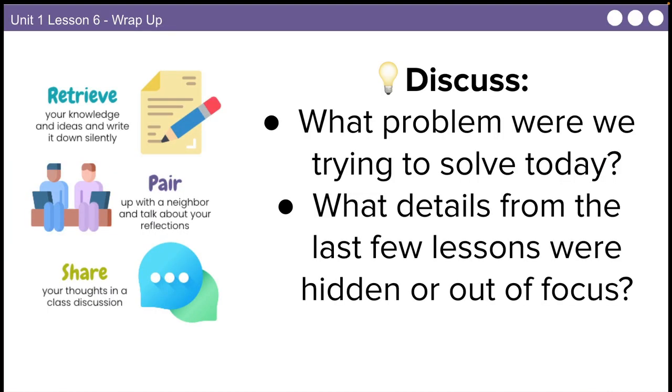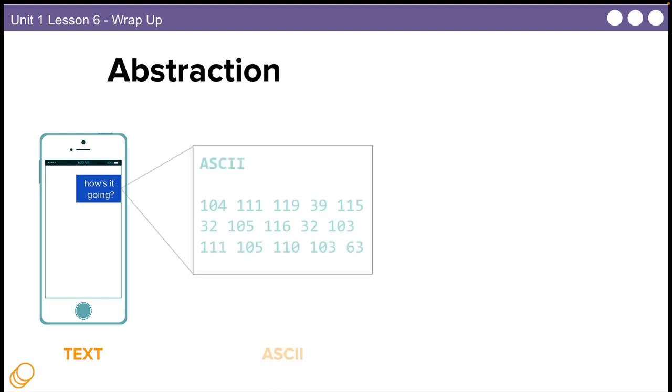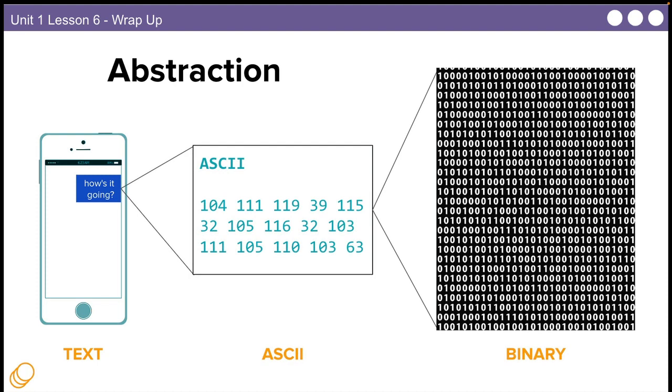Okay, just to wrap up, what we're trying to do today, represent text, right? What details from the last few lessons maybe are kind of fuzzy, maybe you don't quite get, let me know. I'll see if I can explain them, especially when I come back. Okay, so one concept we've talked about today is abstraction, is representing something in another form.